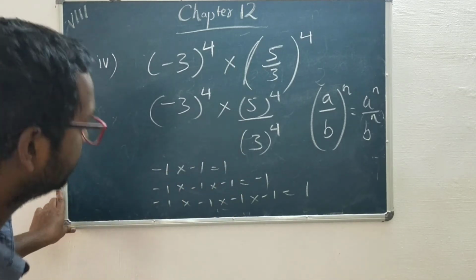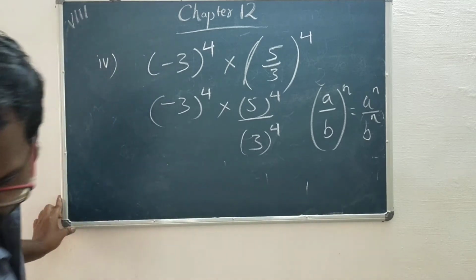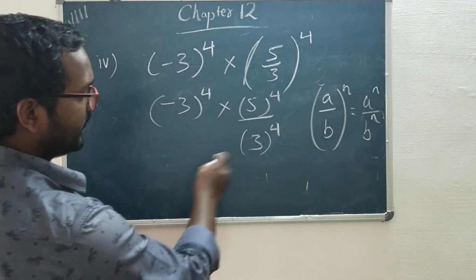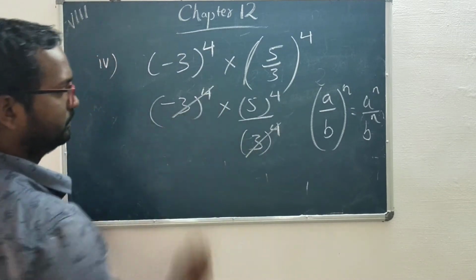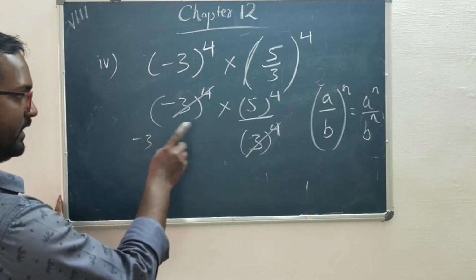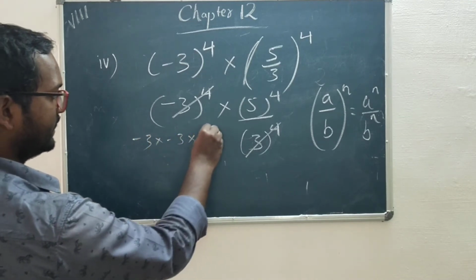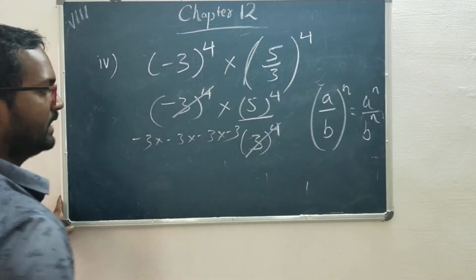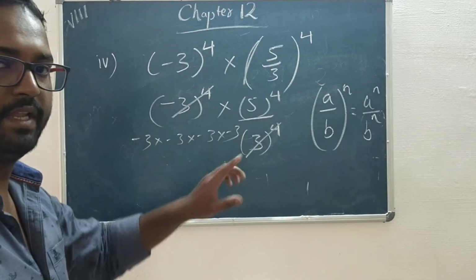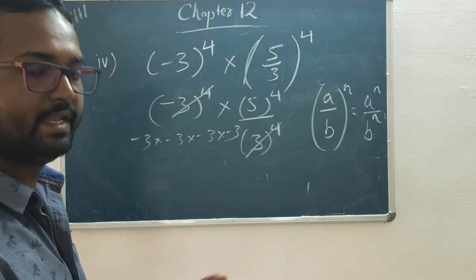Okay. So here what we can do is, we can literally cut this. The easiest way. Because minus 3, if we expand it, minus 3 into minus 3 into minus 3 into minus 3: minus 3 into minus 3 is plus 9, minus 3 into minus 3 is plus 9, 9 into 9 is 81.